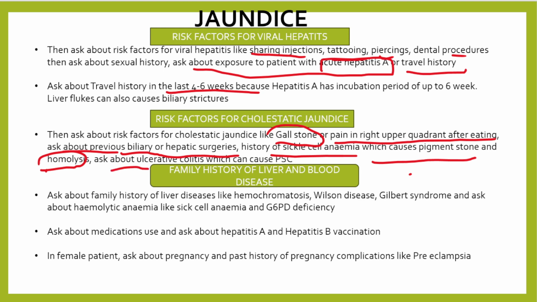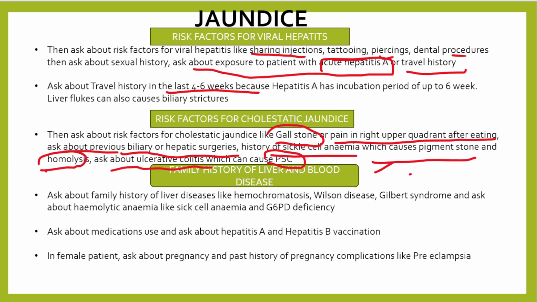We'll ask about ulcerative colitis, which can sometimes cause primary sclerosing cholangitis. So we'll ask the patient whether they have any bowel problem in the form of bloody diarrhea.